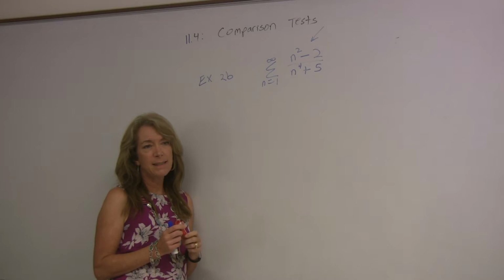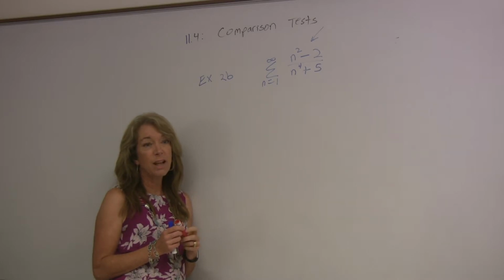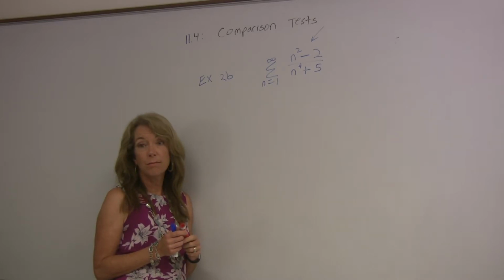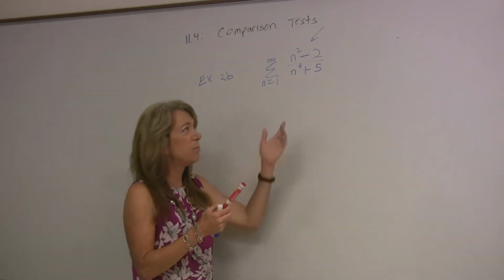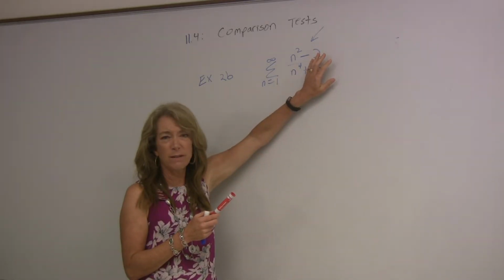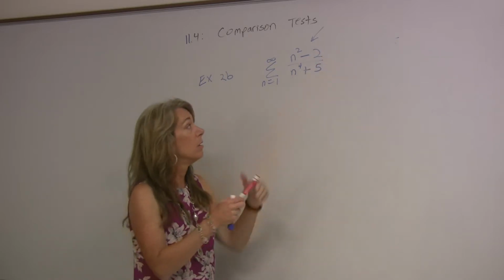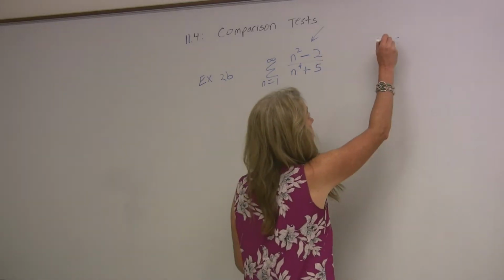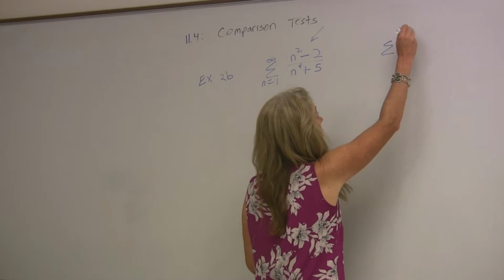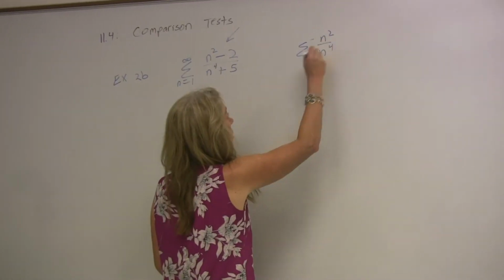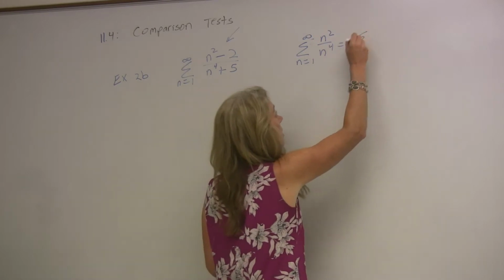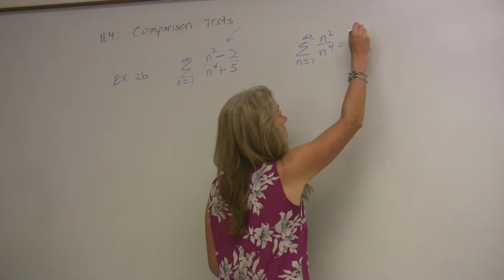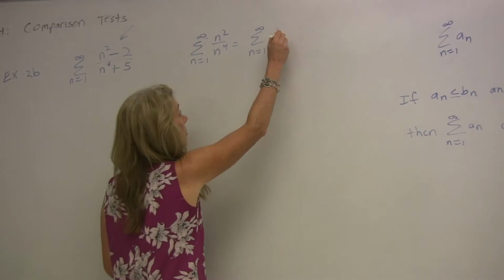What series is this similar to in the long run? n squared over n to the 4th, right? Because in the long run, you put infinities in there, the minus 2 and the plus 5 aren't going to do much. So I'm going to compare it to the series of n squared over n to the 4th, which is 1 over n squared.